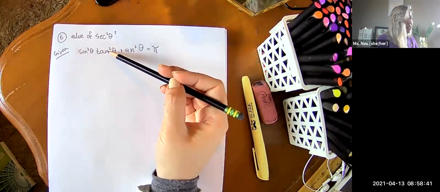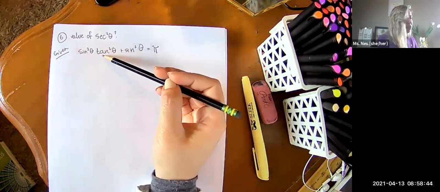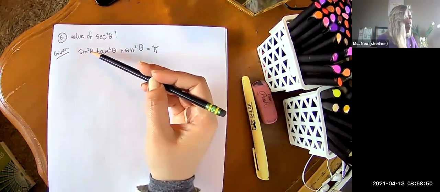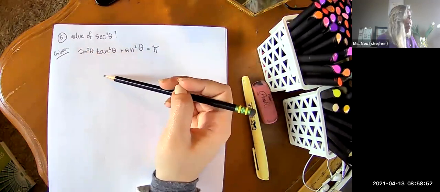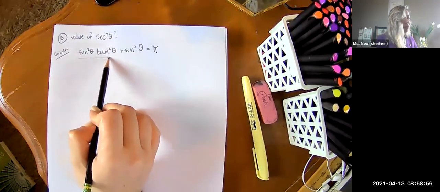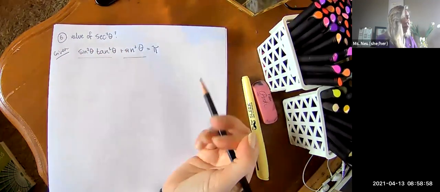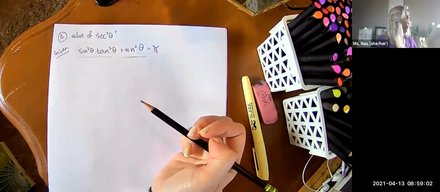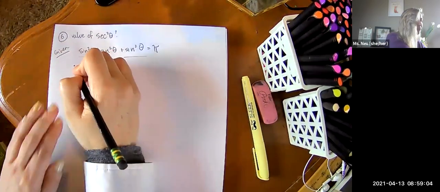But because sine is on top, I'm not going to be able to cancel these sines. It's just going to be sine to the fourth. So that's weird. I do notice that both of these terms have a sine squared theta in them. So I'm going to try factoring out a sine squared theta and see what I get.